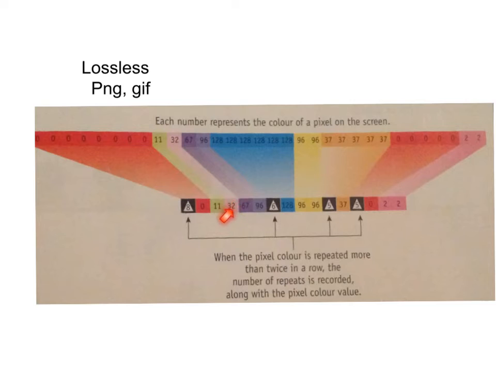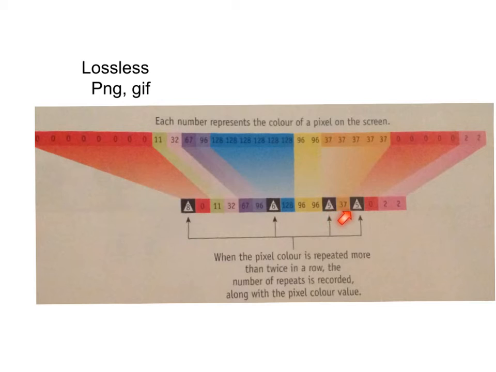Same thing here, 1 pixel of this colour purple, 1 pixel of this colour purple, 1 pixel of this colour purple. In this case there's 6 pixels of that blue. Again, it's quicker to say 1 pixel of 96 and 1 pixel of 96 than to say 2 pixels of 96, because you're still representing that in 2 pieces of data, so there's no point in taking the extra time to uncompress that because it's already compressed as far as it can be.